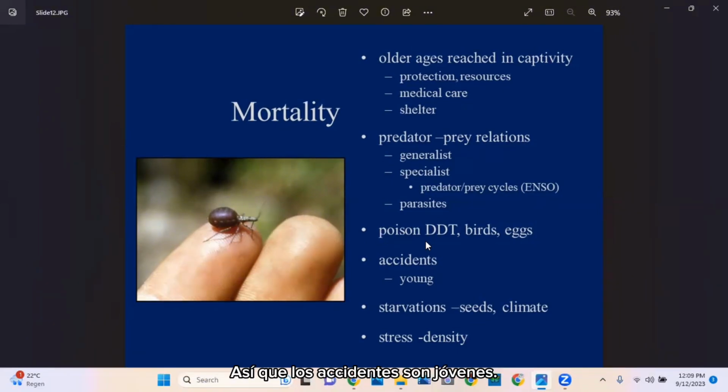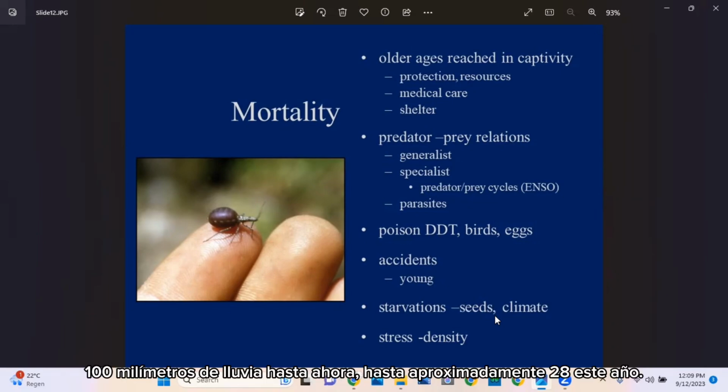So accidents, young, starvation, climate. We're in a drought. We normally would have about, I want to say, 100 millimeters of rain by now. In Chile, we've had 28 this year. And it's an ongoing drought. It's been going on for years. So that affects the seeds, the plants, the vegetation, and that can lead to starvation. So that's a mortality factor.